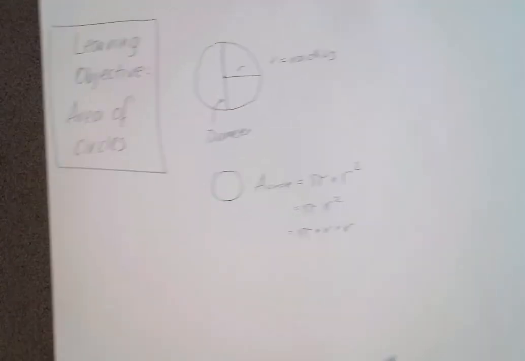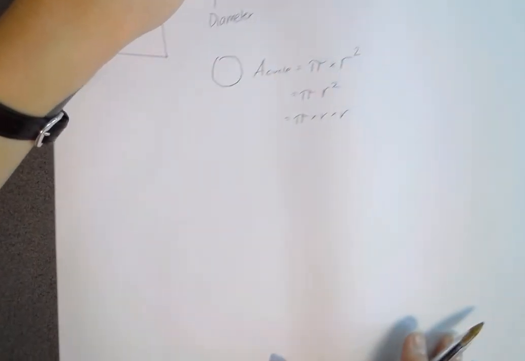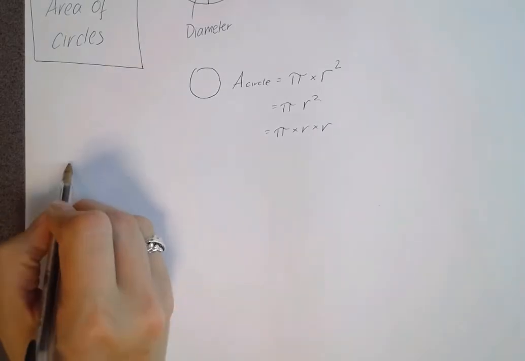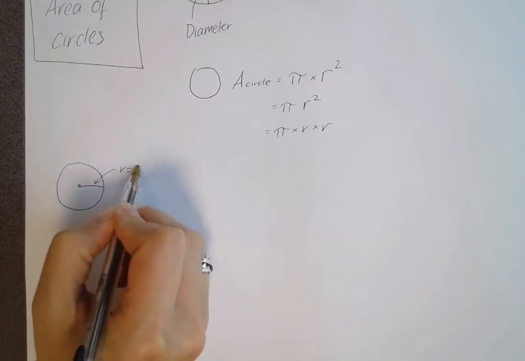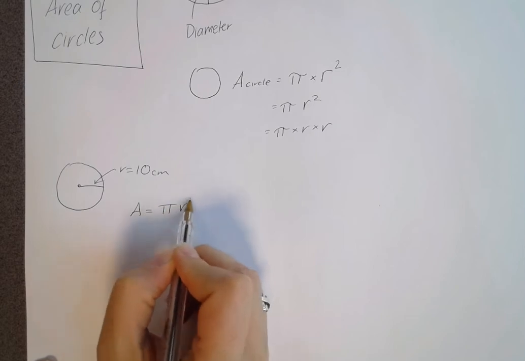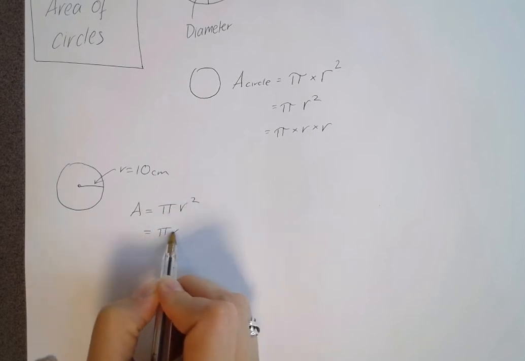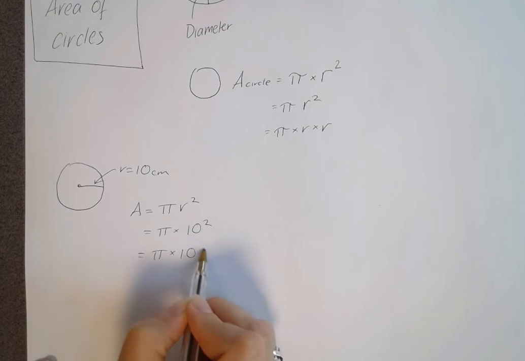For example, here's a circle. Its radius is 10 centimeters. So our area will equal pi r squared, which is pi times 10 squared, which is pi times 100.